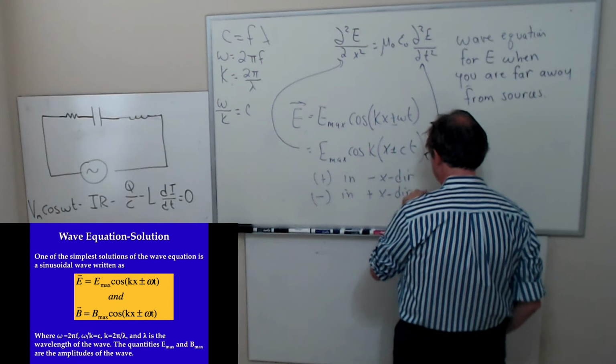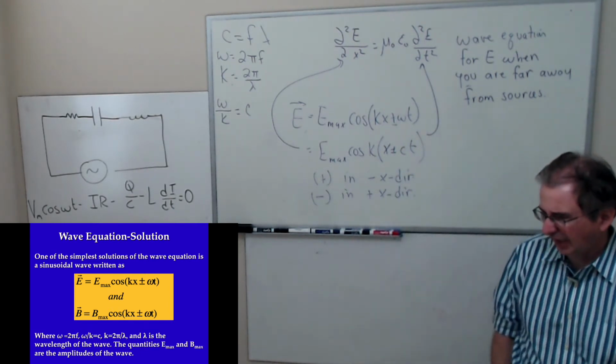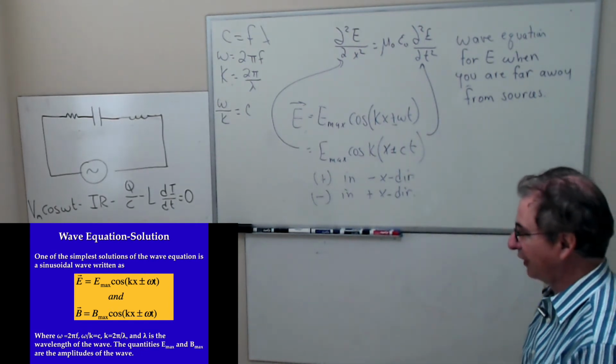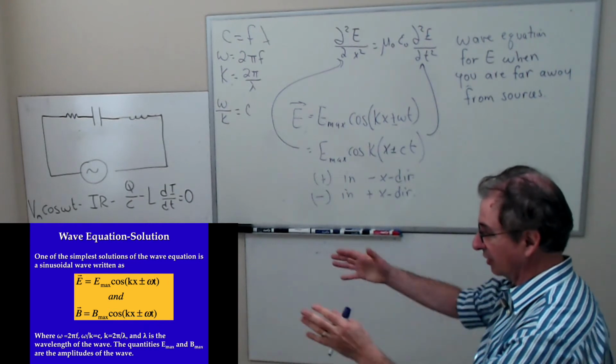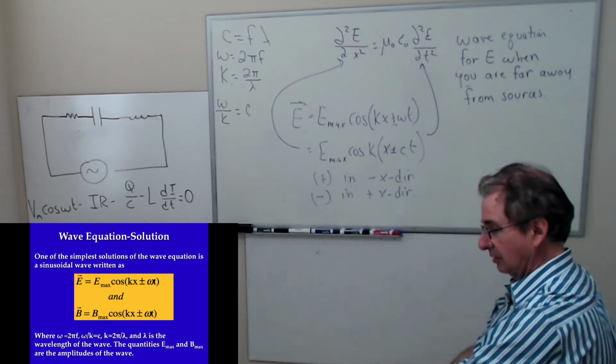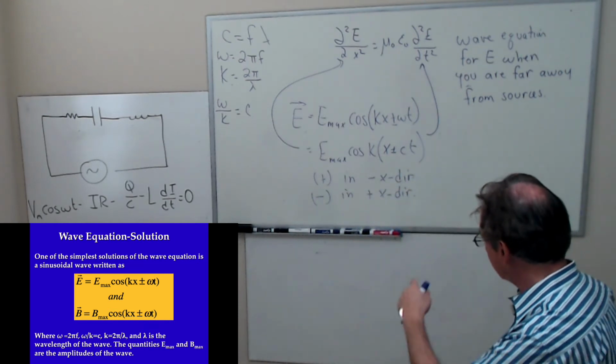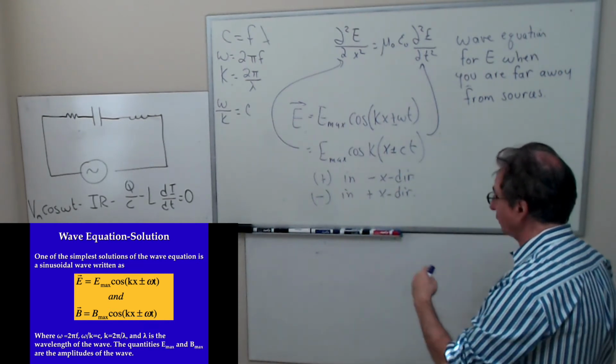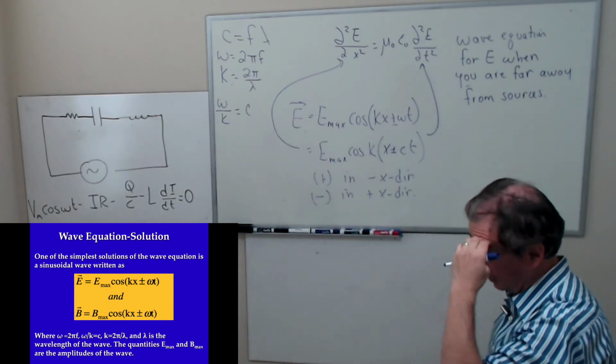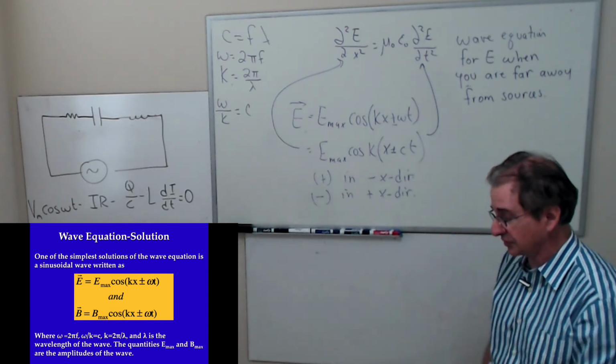I don't know if you've ever done, if you had in pre-calc, maybe you do these things called transformations. When you transform from one reference frame to the next, you can see that when a wave moves in a particular direction, you can use a transformation to a new coordinate system.